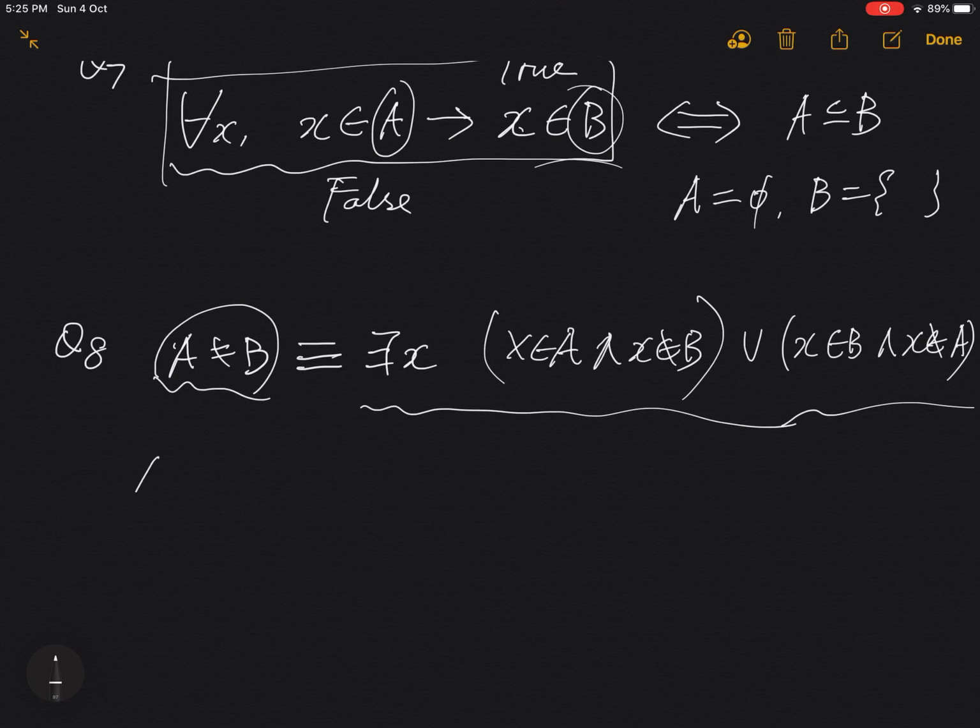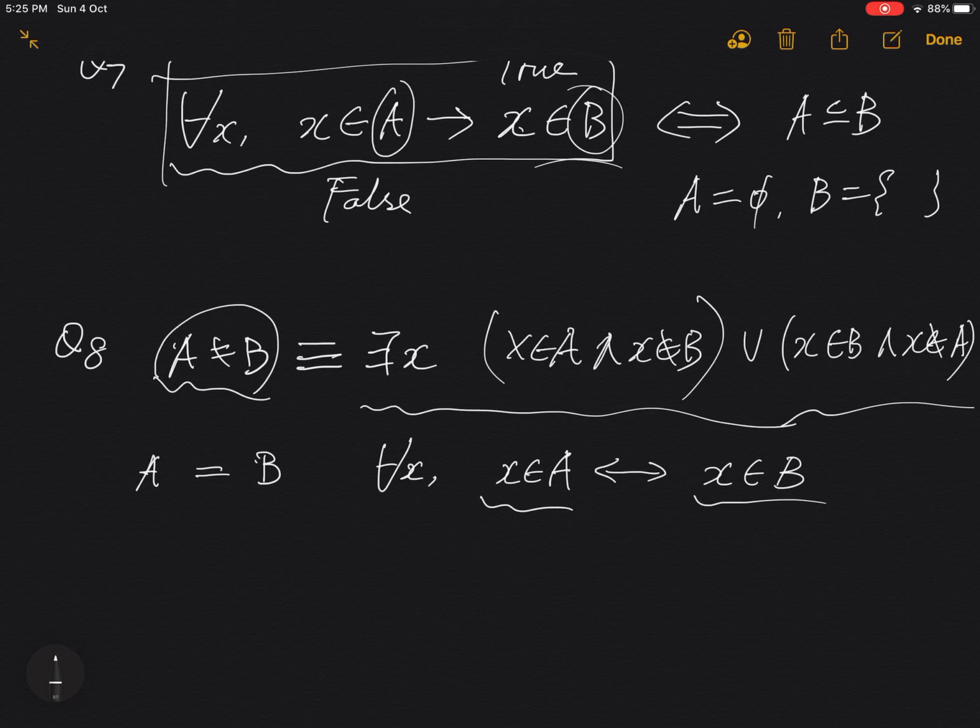If A equals B, according to the definition, for all x, x is in set A if and only if x is in set B. That is, if x is in set A then it is also in set B, and if x is in set B, it is also in set A. That's the definition of A equals B. So now we need to consider the situation A is not equal to B.